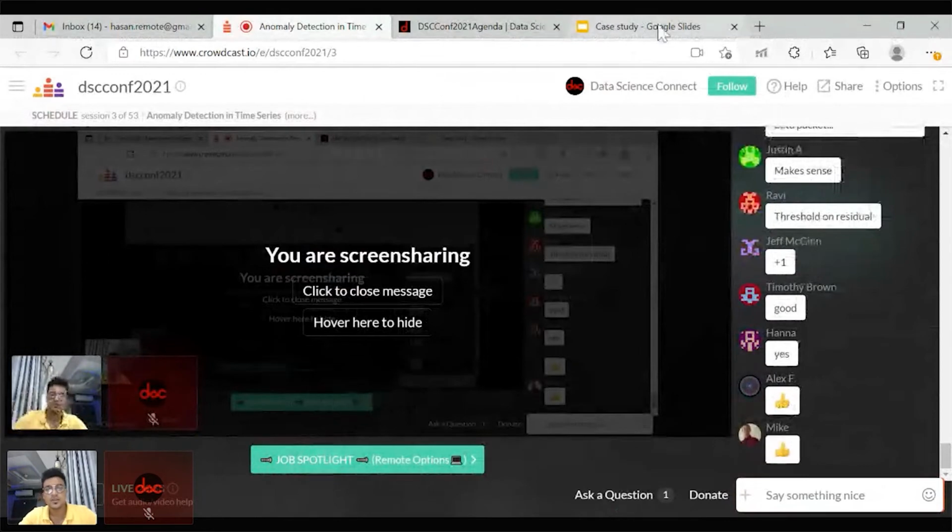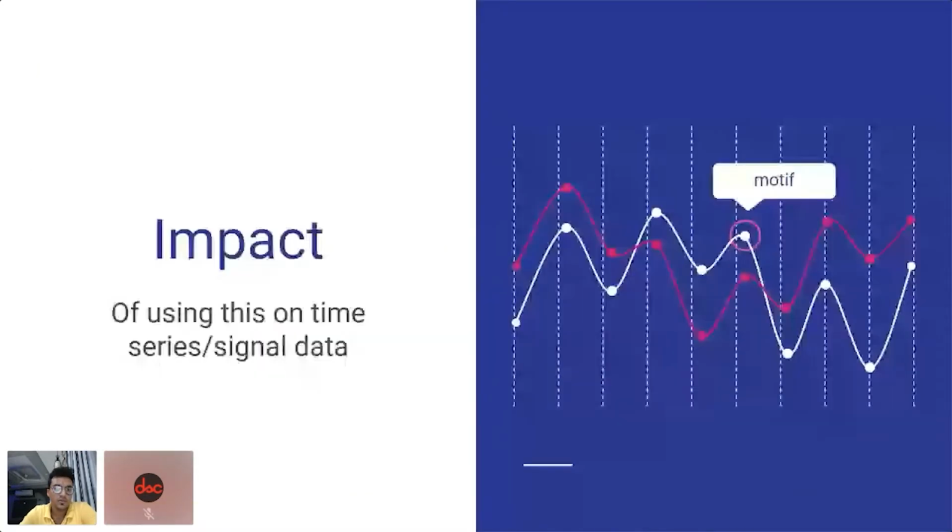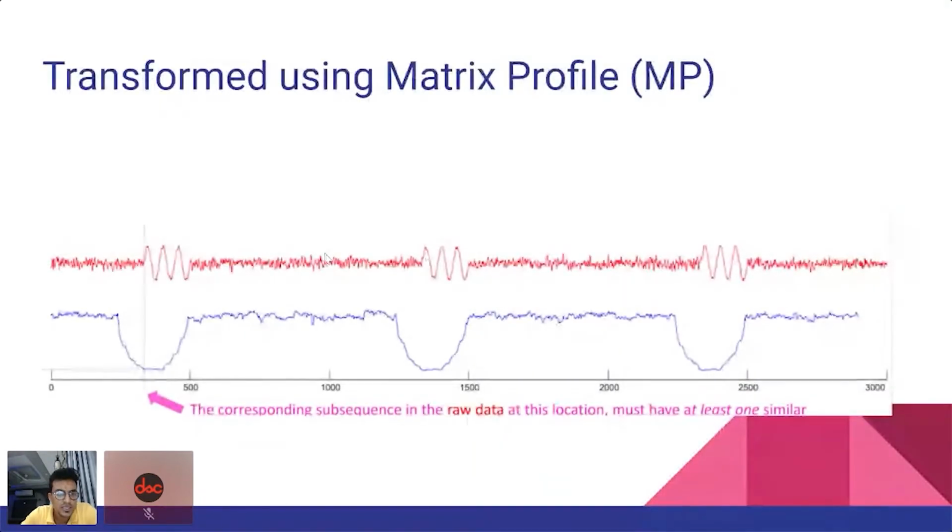Okay, awesome. So the next thing is, let's see how this transformation can help us. Let's focus on the impact of using this matrix profile. Now, essentially, let's say this is the data that we got. You see that this is the normal data, and then there are some anomalies here, and then there is some normal data again.